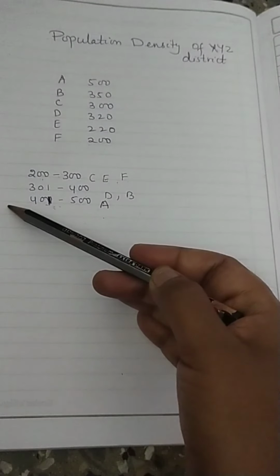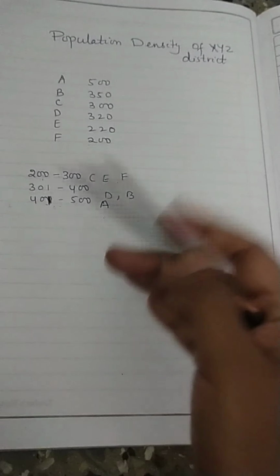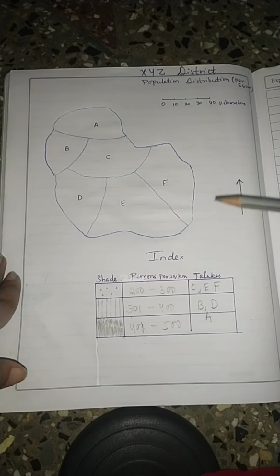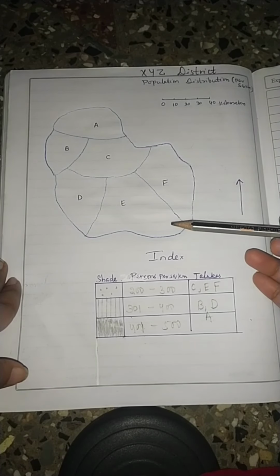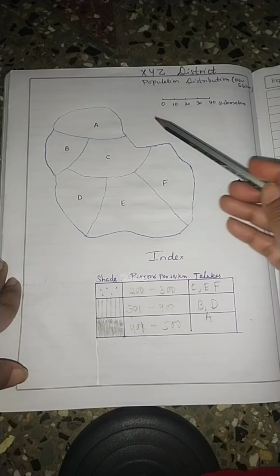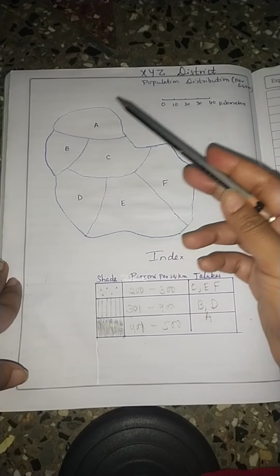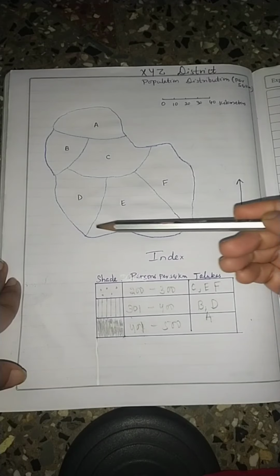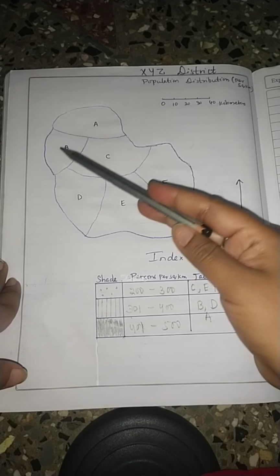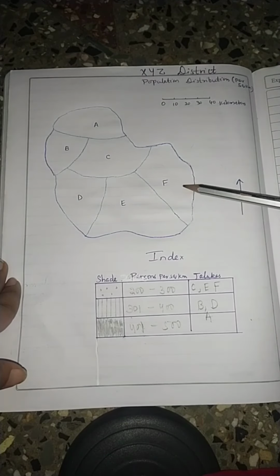So, now let us see how to prepare a choropleth map. For this, you can see I have an outline map of the XYZ district, where I have marked the sub-administrative units.